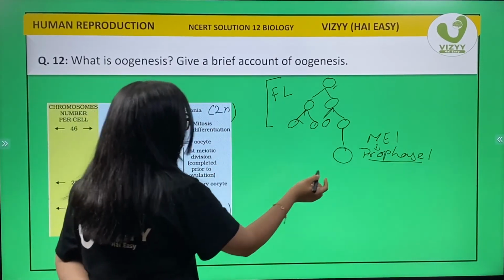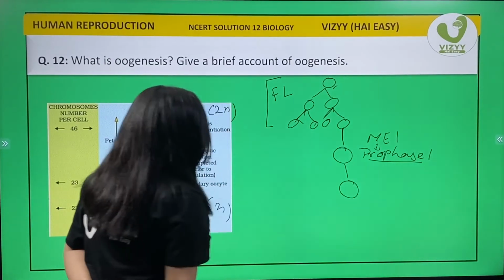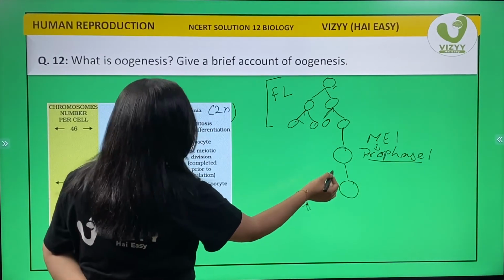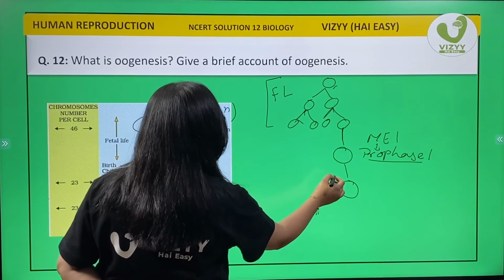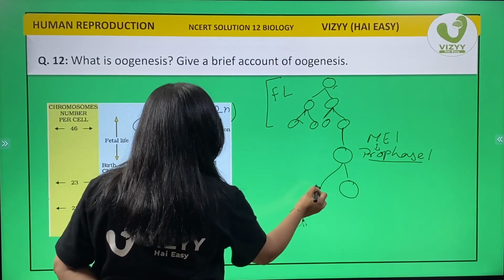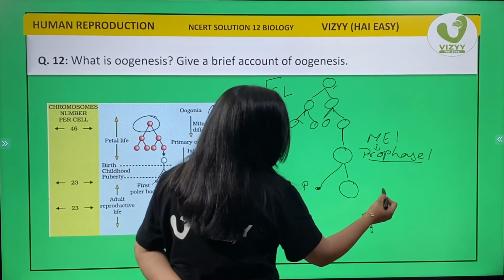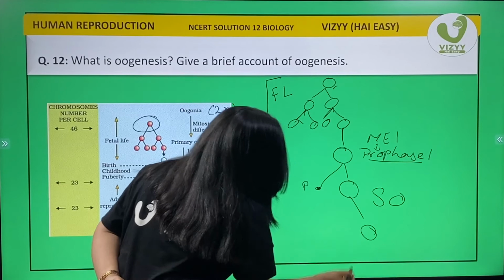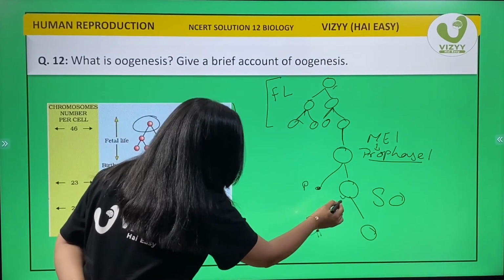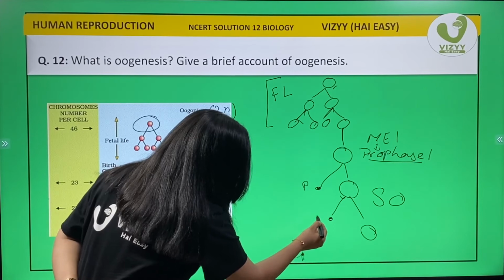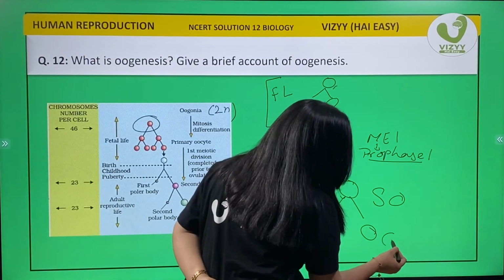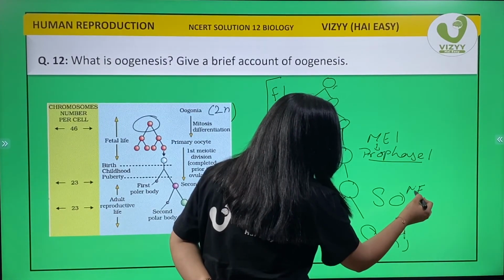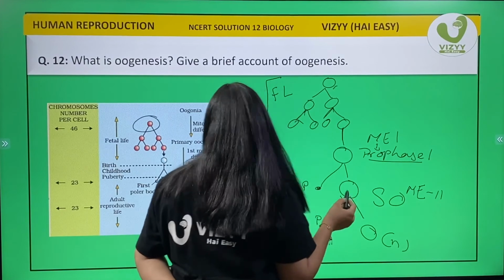Now this prophase 1 cell, at puberty, will go into the secondary follicle and form the first polar body. Lastly, this secondary follicle will form an ovum and a second polar body. So this here is n, and this will be our meiosis 2.